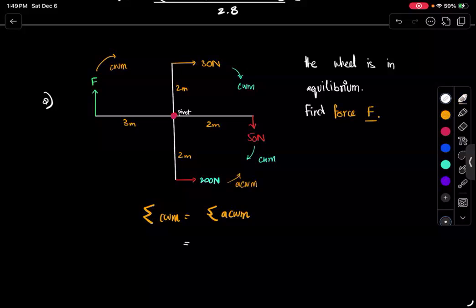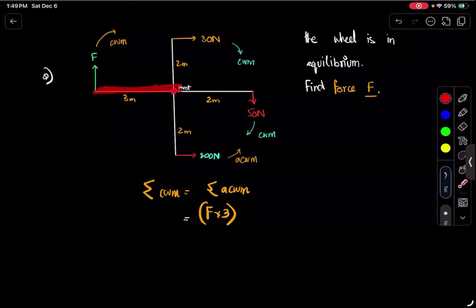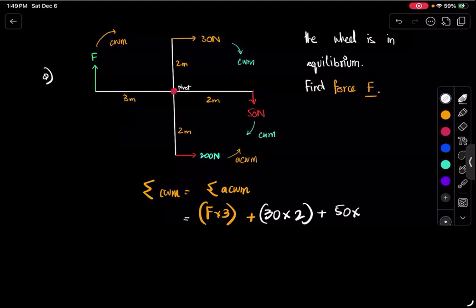Now let's check it out. I think the clockwise moments are F into 3, because this is the perpendicular distance to the pivot, plus 30 into 2 plus 50 into 2. But there's an anti-clockwise moment as well, which is 200 in the other direction, so 200 into 2.